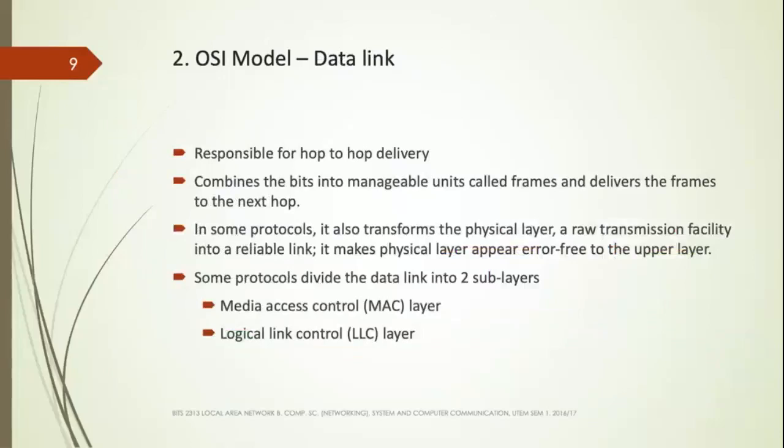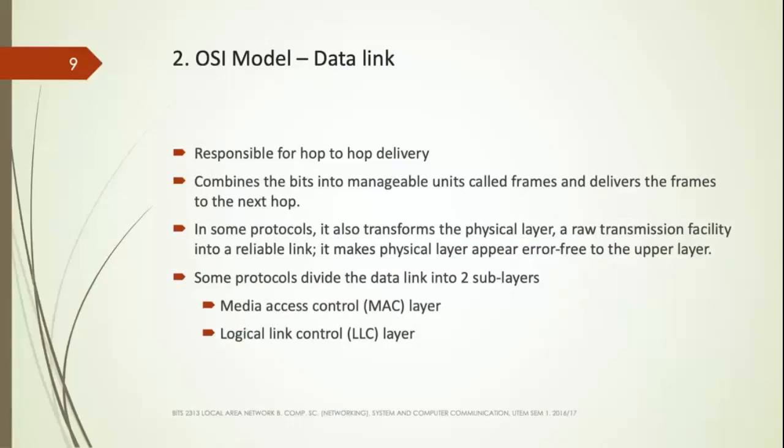For the data link layer, we begin to communicate with two types of devices. Probably one device is talking one language and another device is talking another language. So the OSI model's data link layer is responsible to be a translator between these two devices.